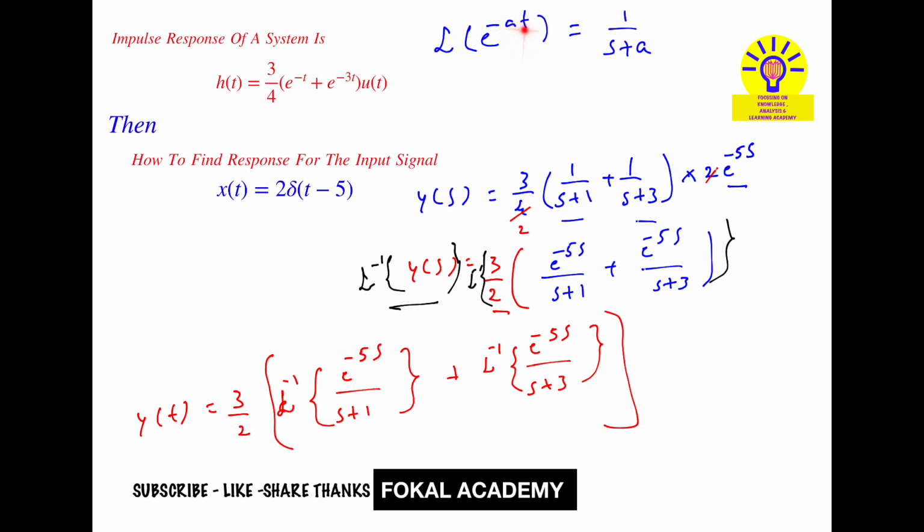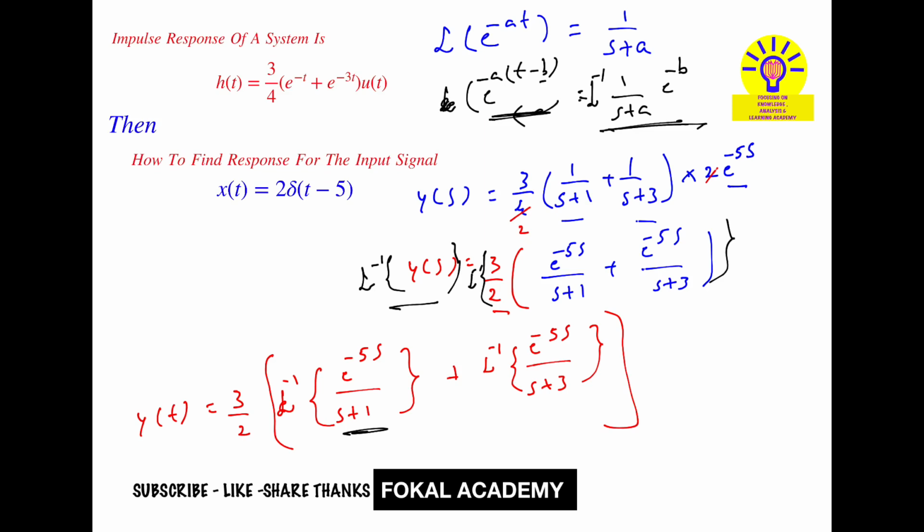If you time shift it, the Laplace transform of e power minus a into t minus b equals e power minus bs by s plus a. By applying this, if you take the inverse here, we will get this equation.